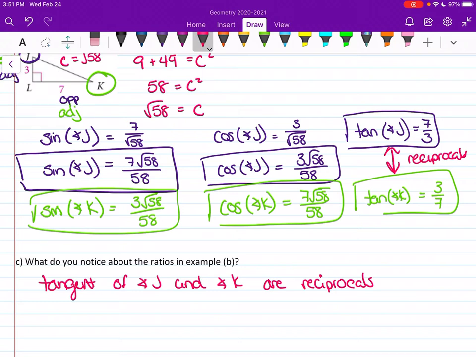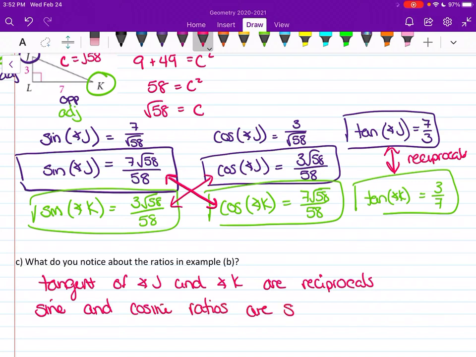The other thing I notice is that the sine of angle K is the cosine of angle J, and the cosine of angle K is the sine of angle J. So I notice that the sine and cosine ratios are swapped for angle J and angle K. And this, in fact, is true for all complementary angles, okay?